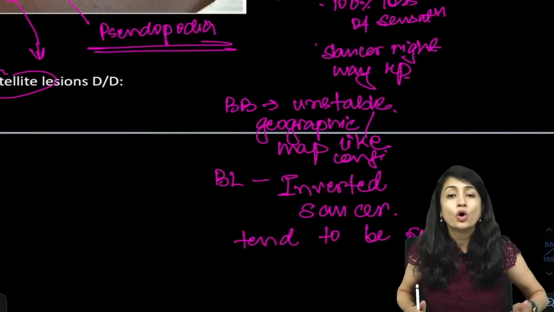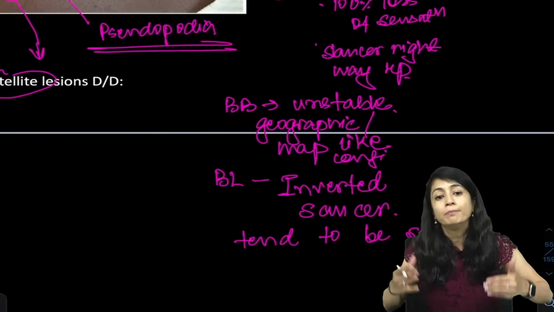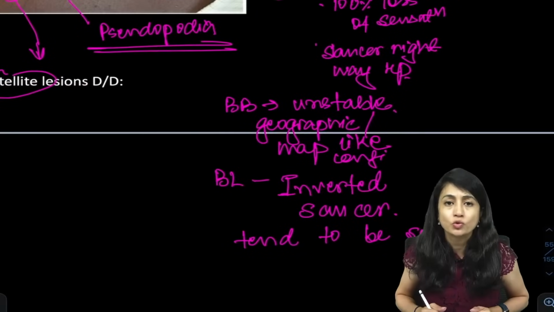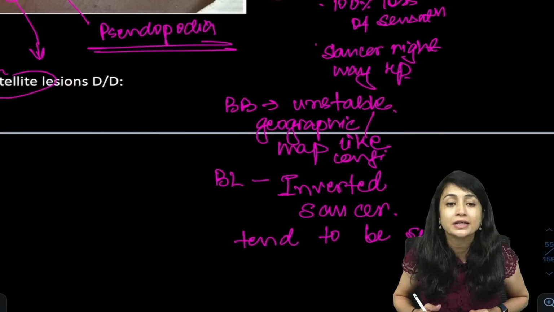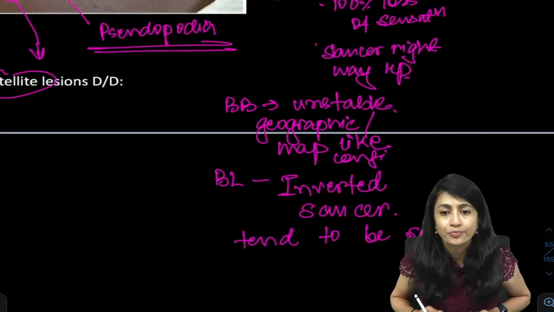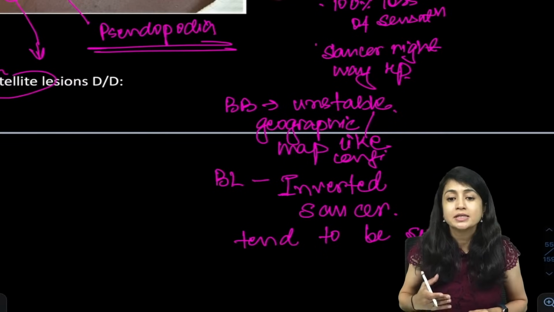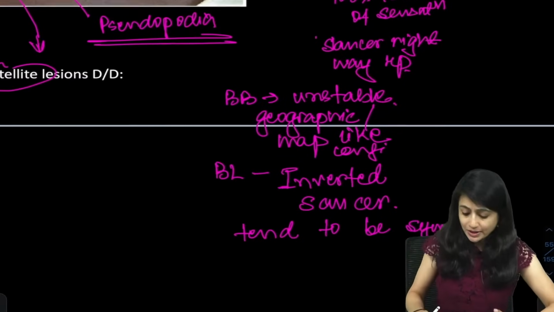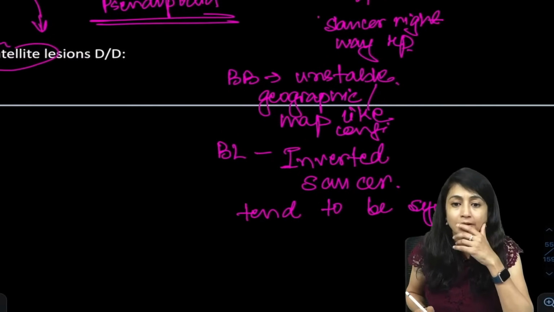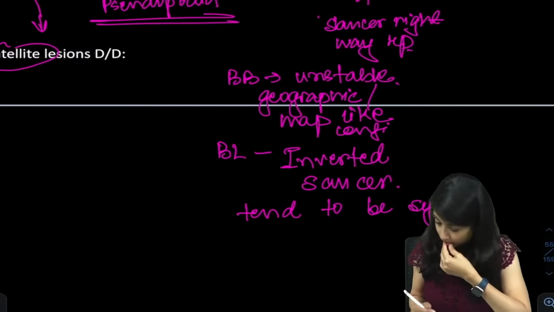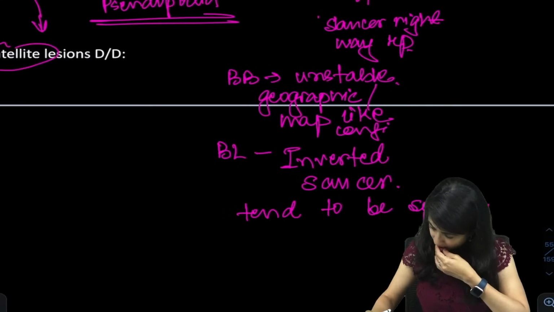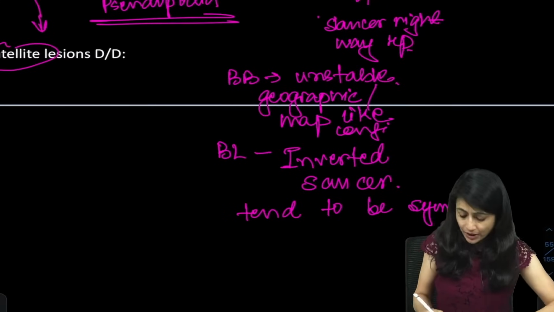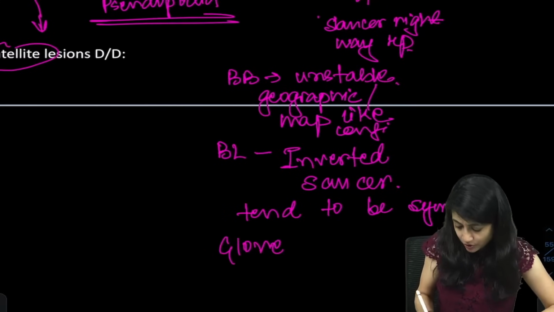What is the type of anesthesia that I see in BL leprosy most commonly? Lesional anesthesia is minimal, but what is the type of anesthesia that I see in BL Hansen? Glove and stocking anesthesia, absolutely right.